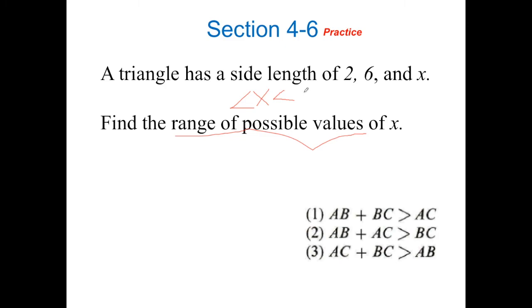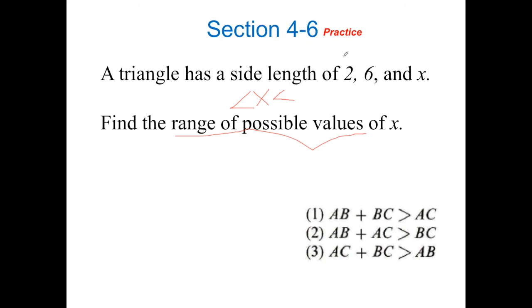So the size of a side of a triangle is reliant on the other 2 sides, right? And we need a minimum size to create a triangle with 2 and 6, and maybe you have an idea what that is. And there's a maximum size that could possibly exist for the third side, for sides of 2 and 6 here, okay? So the way you could do a problem like this is you could just set up 3 inequalities.